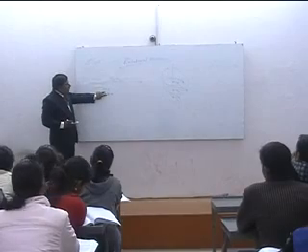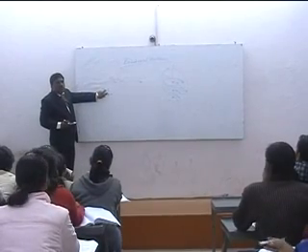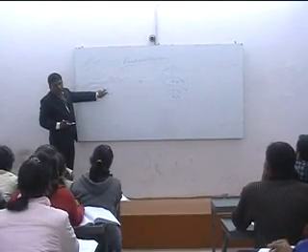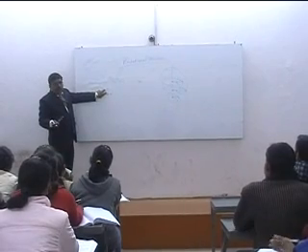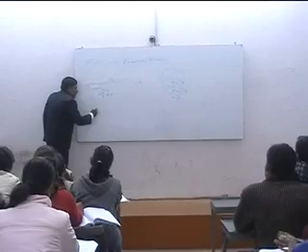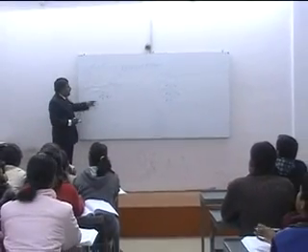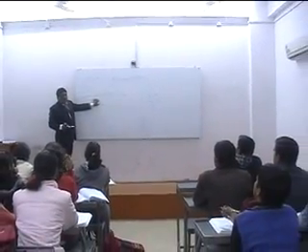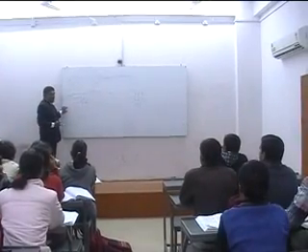If we consider the linear distance s, we can say linear speed is s upon t. So linear speed u is equal to s upon t, that is distance upon time.